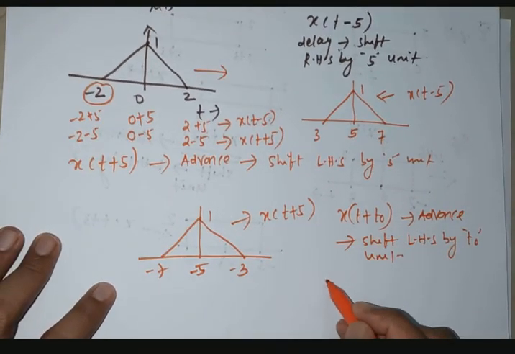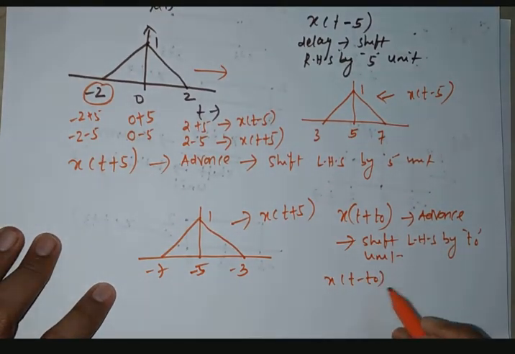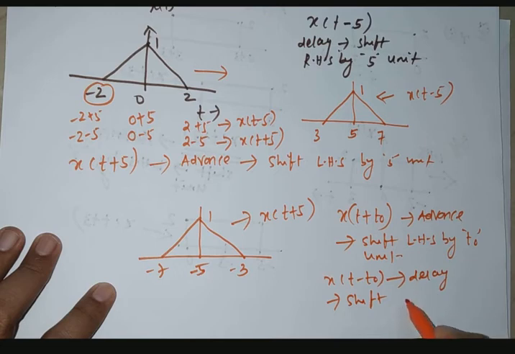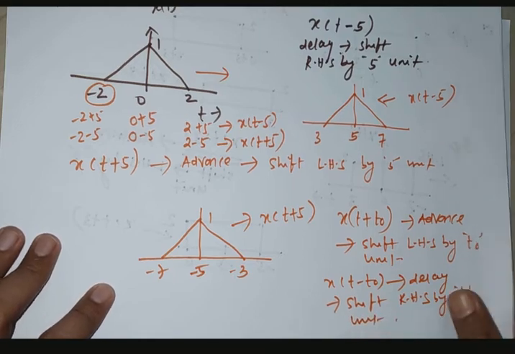Similarly, x of t minus t0 means it is a delay. Delay means shift right hand side by t0 unit. Okay, clear?